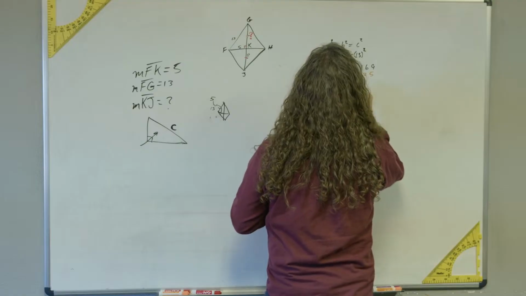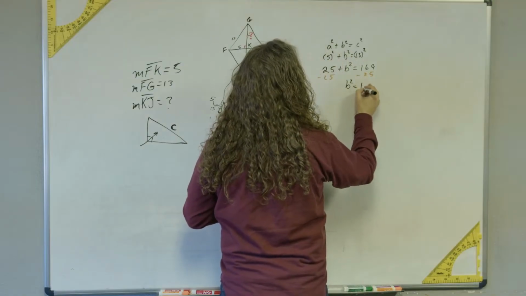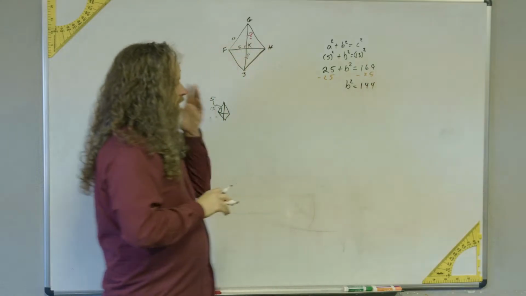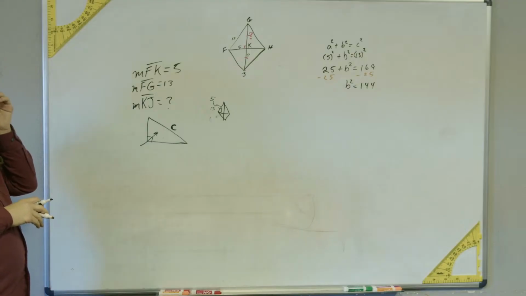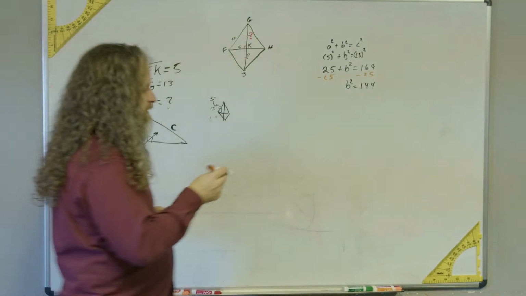So b squared would equal 144. Now how do we get rid of the squared? Square root. True enough.